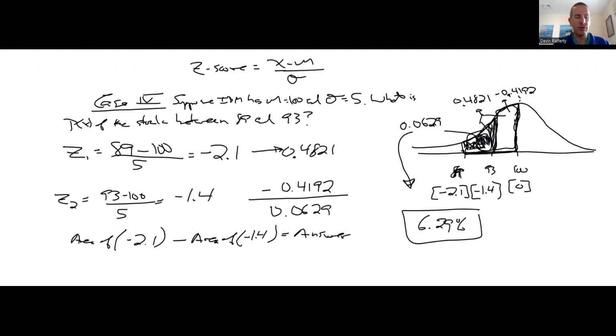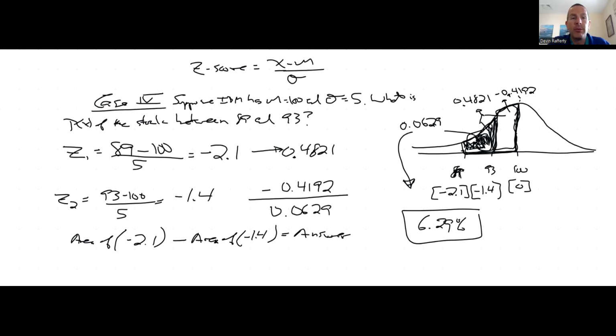So if I ever asked you, what is the probability of blank occurring? There's a lot of probability distributions out there. In order to come up with an answer of the probability of whatever I ask you about occurring, the way we do that is we always convert any probability distribution into the normal probability distribution, specifically the standard normal probability distribution.